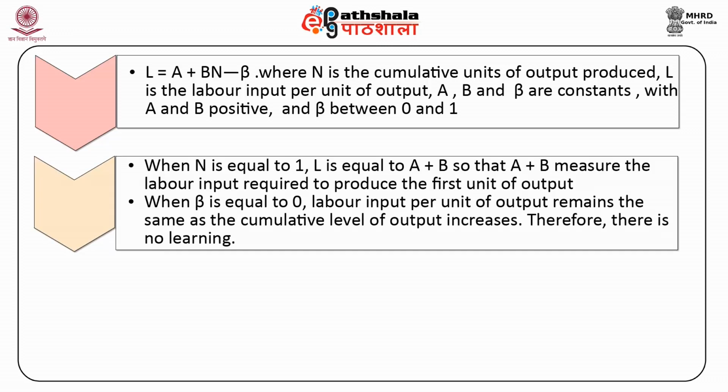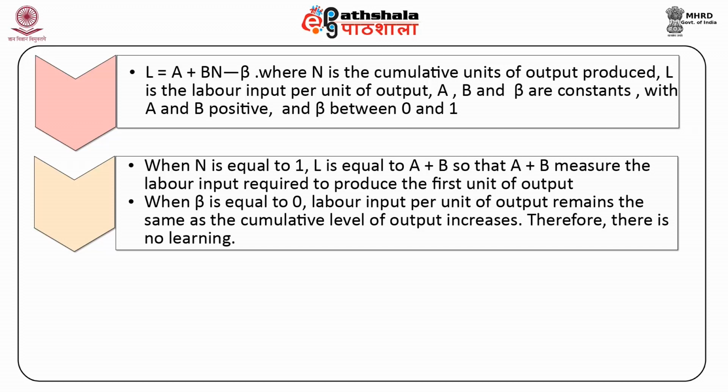When n is equal to 1, L is equal to A plus B, so that A plus B measures the labor input required to produce the first unit of output.